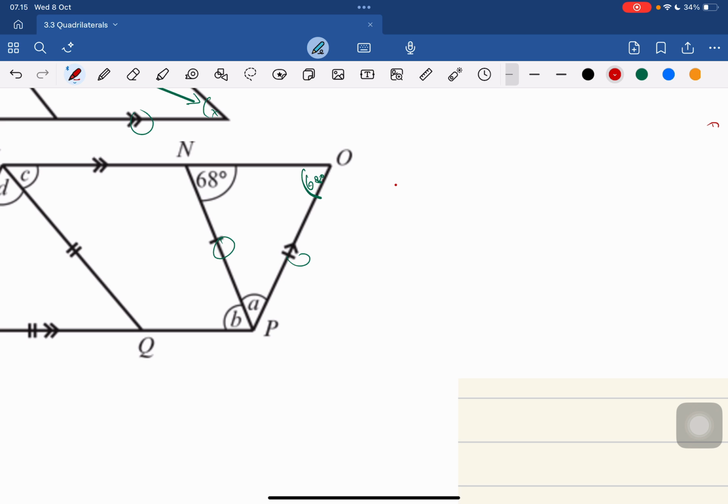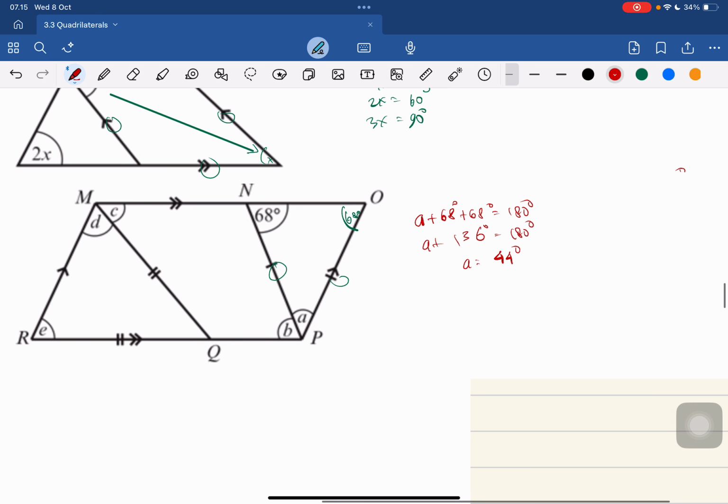So A plus 68 plus 68 is going to be 180 degrees. So 6A plus, okay, 180 degrees. So A equals 180 minus 136 degrees, which will give us the answer of 44 degrees.